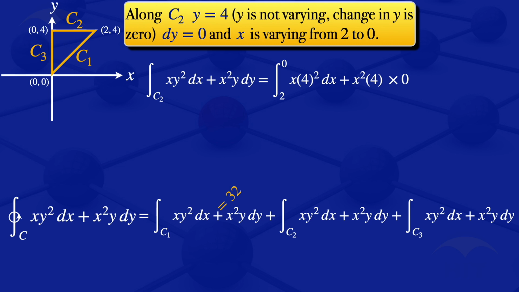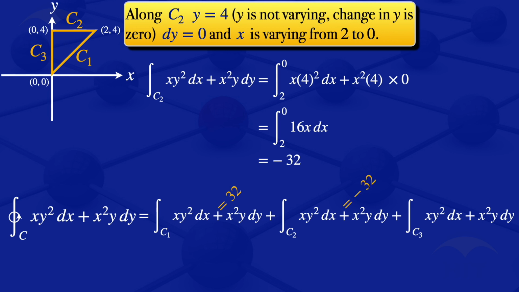And the part that is times 0 will be a plus 0. So we'll remain with the integral from 2 to 0 of 16x dx. And the integral of 16x with respect to x gives us 8x squared. And when you put in the limits, we get minus 32.